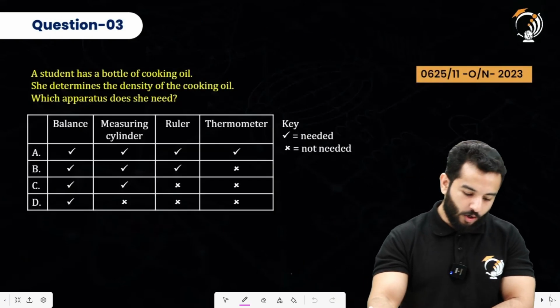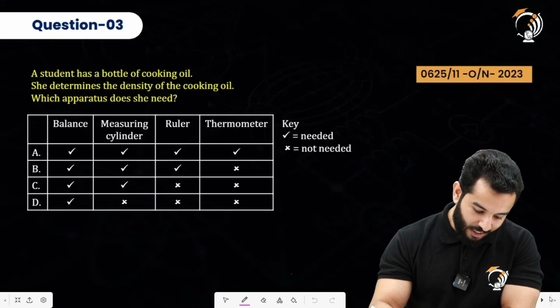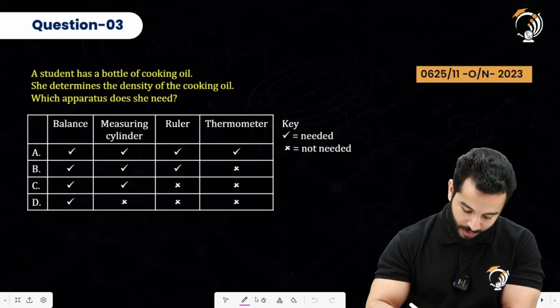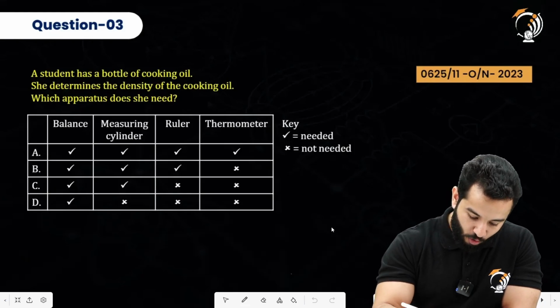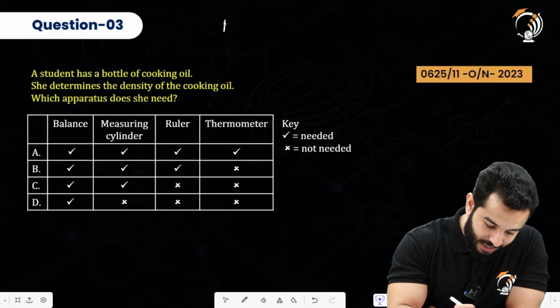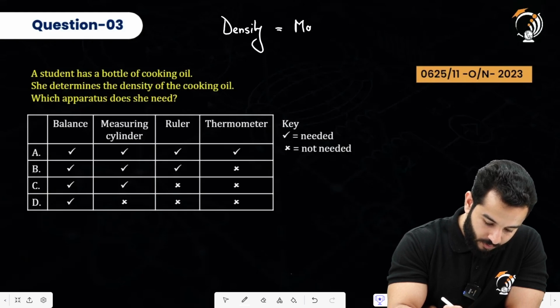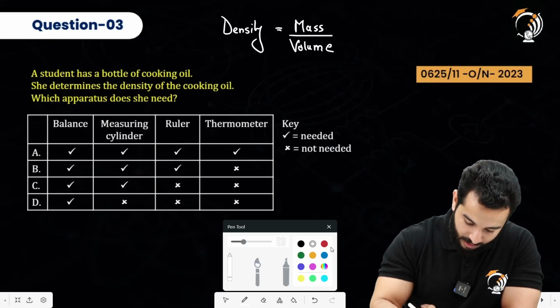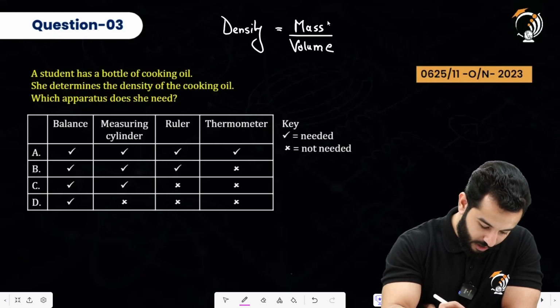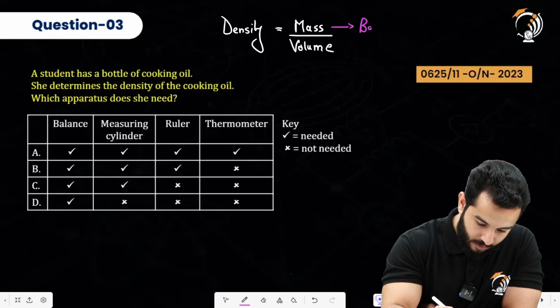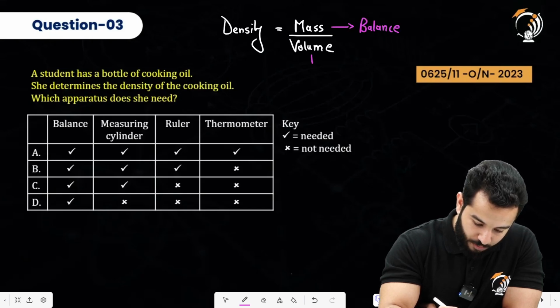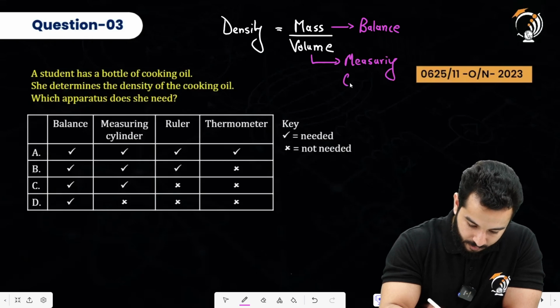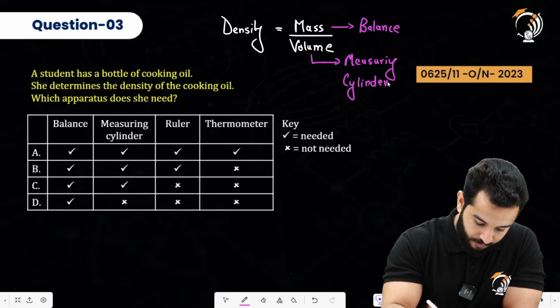A student has a bottle of cooking oil. She determines the density of the cooking oil. Which apparatus does she need? Now, if she wants to measure density, we know that density can be written as mass by volume, and we know that mass is measured using a balance and volume is measured using a measuring cylinder, right?